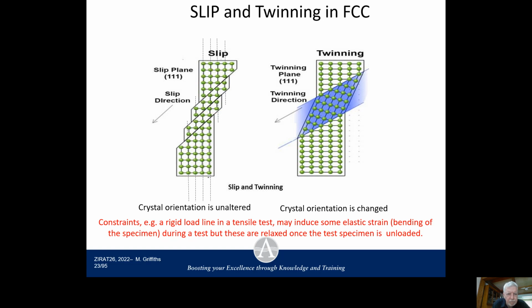This is a tensile specimen, but the atoms all line up together after you've done that. Twinning, on the other hand, you can get the same distortion, but when you do that, you actually distort the crystal and change its orientation. And I'll talk a little bit more about that.